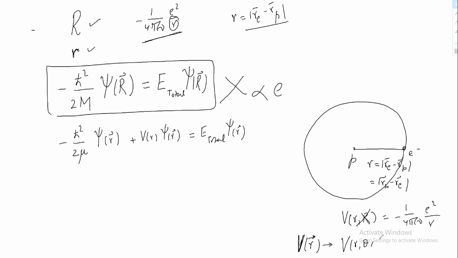Then I told you that in almost 90% of the problems that we will discuss, this V in general should be a function of relative distance, the zenith angle dependence, and the azimuthal angle dependence.